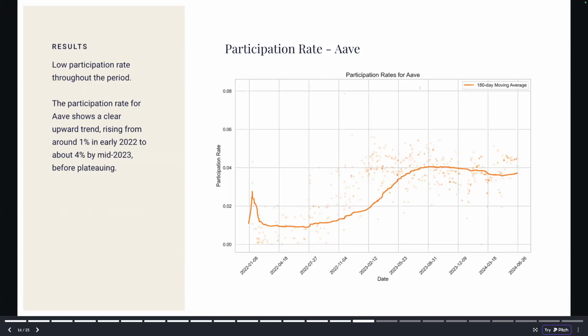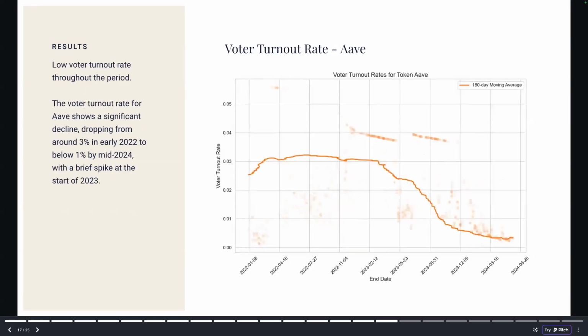Just for a comparison, for US corporations, the participation rate in shareholder governance is usually about 70%. So this is quite significant. And on the other hand, the voter turnout rate is decreasing over time, meaning less people are voting in relation to the total token holders.